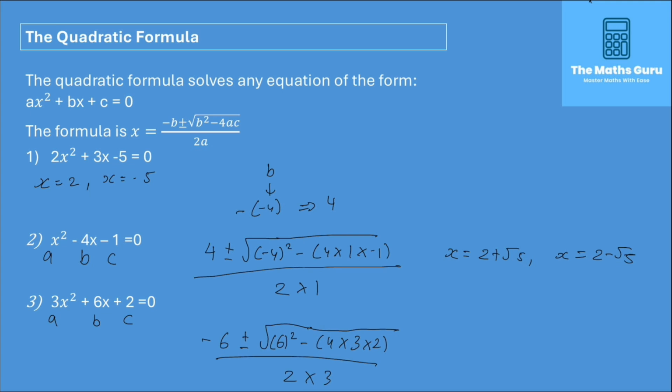Now, when we put this into our calculator, we get two answers of x equals (-3 + root 3) over 3 and (-3 - root 3) over 3, which is approximately negative 0.422 and negative 1.57.